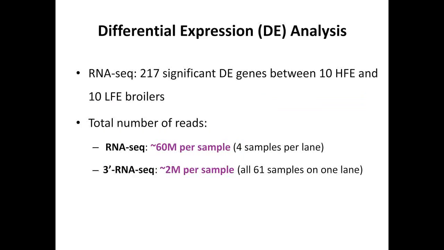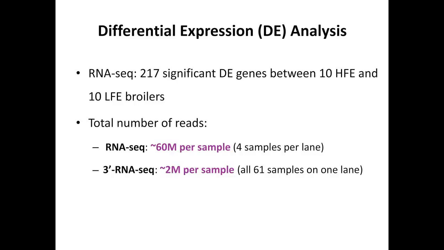So in this part of my presentation, I will talk about the differential expression analysis, because we had both RNA-seq and 3' RNA-seq data. We can compare RNA-seq with 3' RNA-seq. From RNA-seq, we found 217 significant DE genes, differentially expressed genes, between 10 high P deficiency and 10 low P deficiency broilers. These are mid-type chickens.